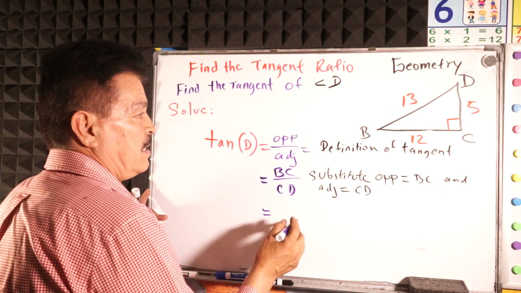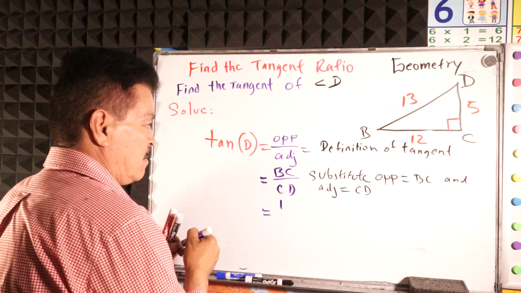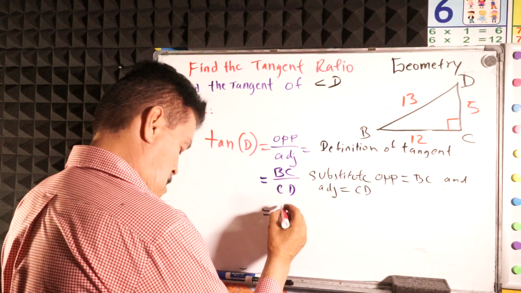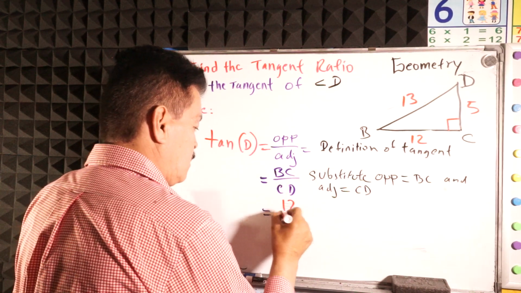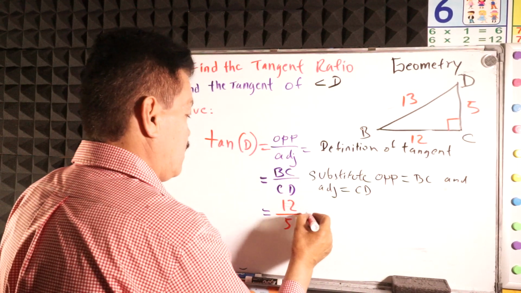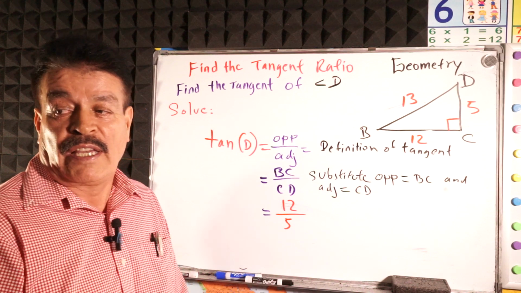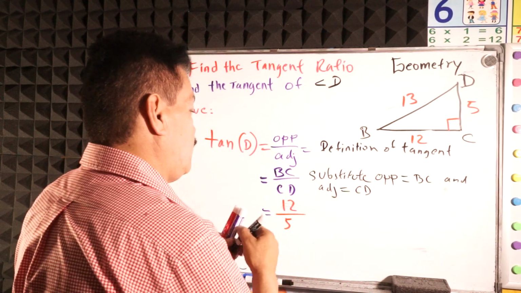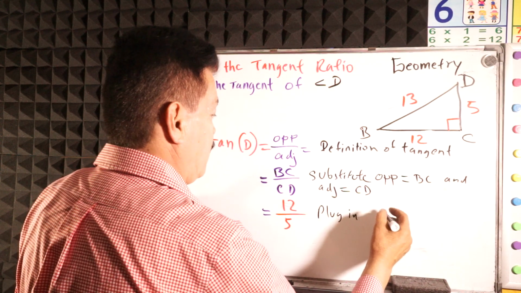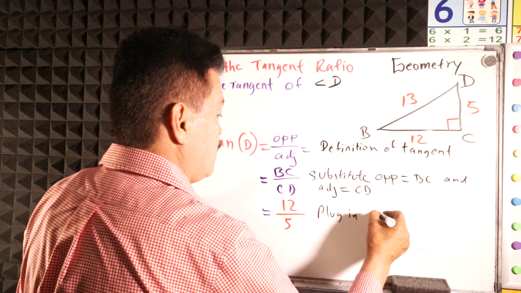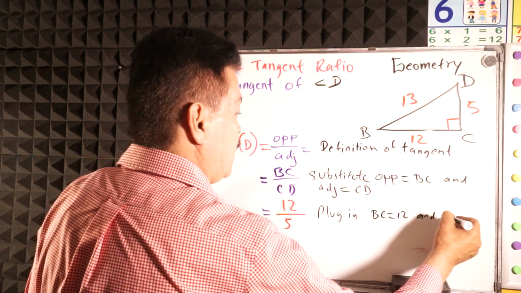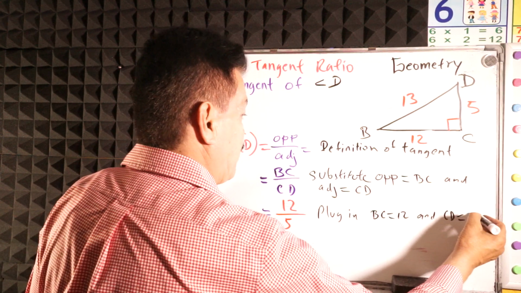Now just write the numbers. BC is 12. So write 12 divided by 5. That's called plugging it in here. Here BC equals 12 and CD equals 5.